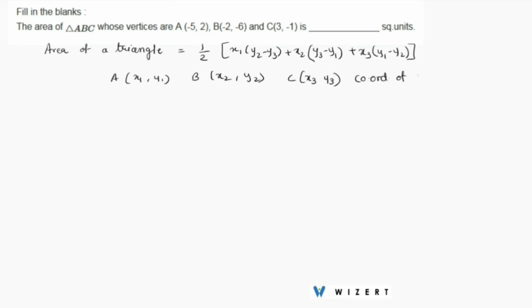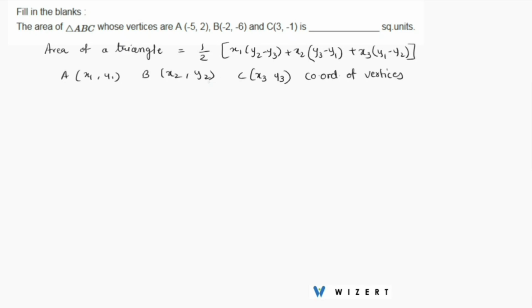So we simply have to put the values of x1 y1, x2 y2 and x3 y3 in the above formula.